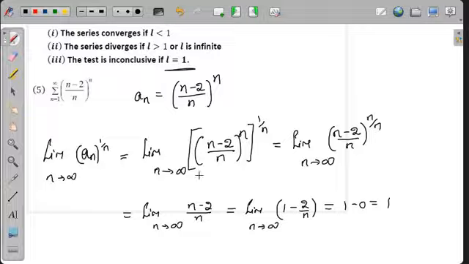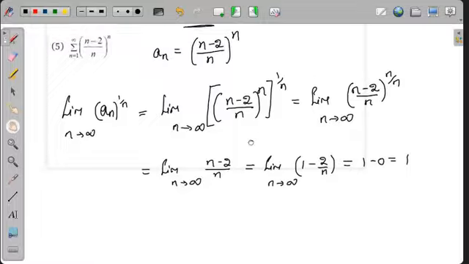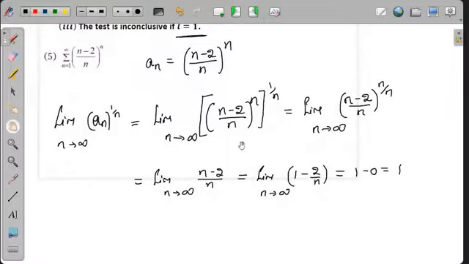Yeah, that's correct. So now we'll go for the nth term test. What is the nth term test? We know that limit n goes to infinity of 1 plus x by n whole power n has limit e power x.